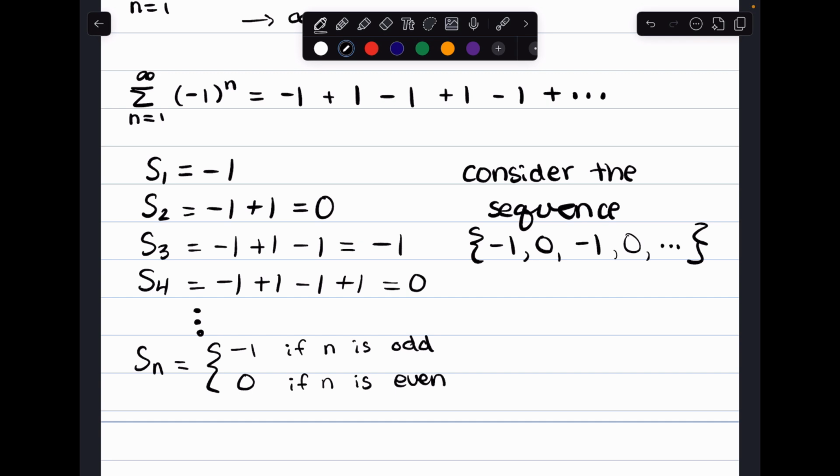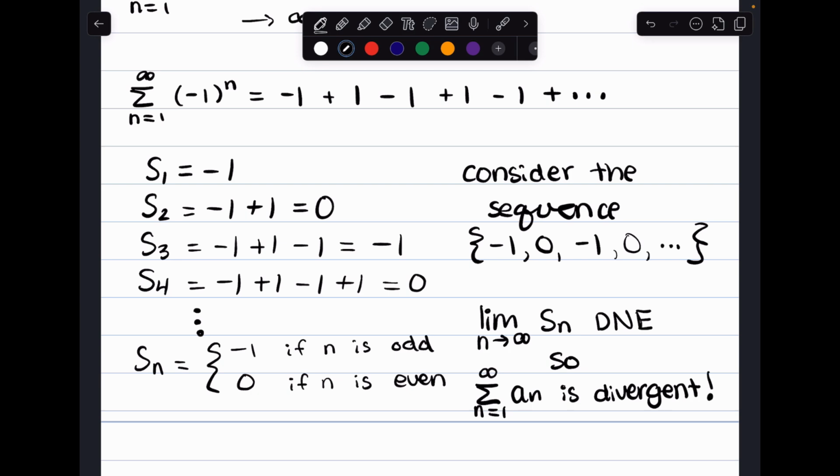It's just oscillating between negative 1 and 0, and it's never actually approaching a finite number. And so we say that the limit as n goes to infinity of the nth partial sum does not exist. So when we're talking about the series from n equals 1 to infinity of a sub n, we're going to say that this series is divergent.